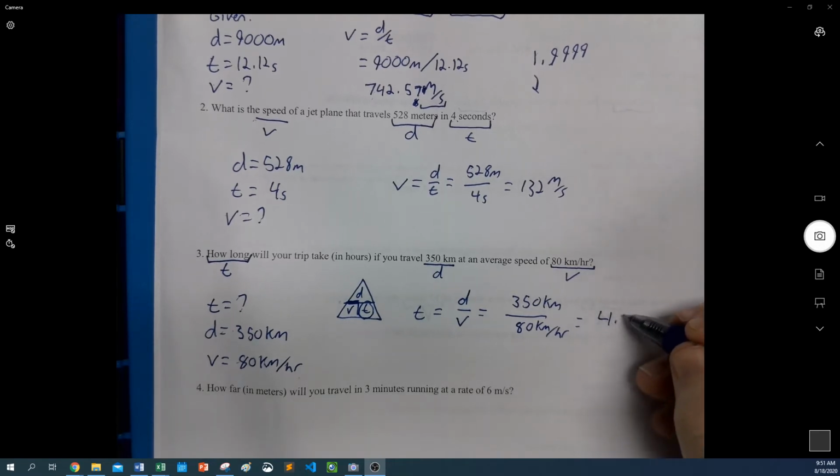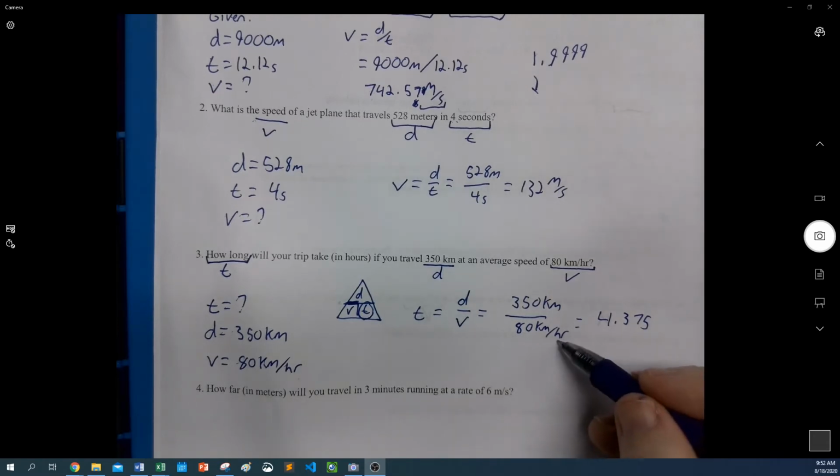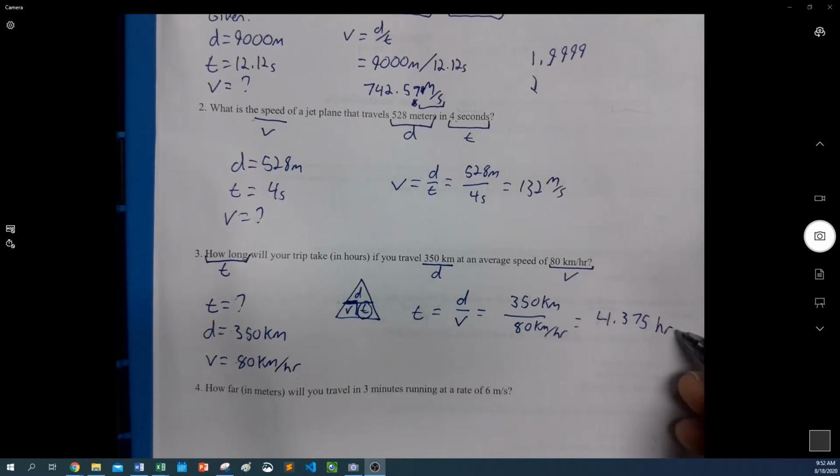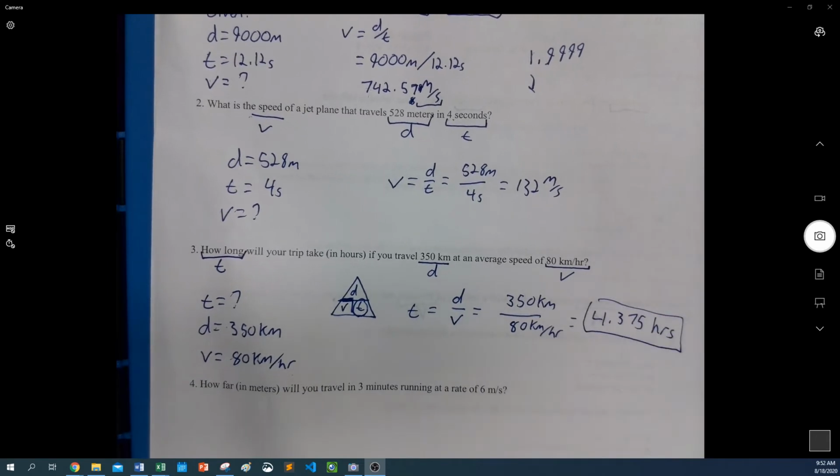And that is 4.375. Units for time, as we used hours, we'll have hours here. Easy enough, right?